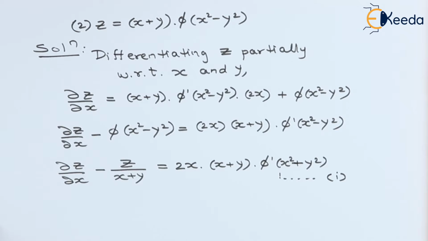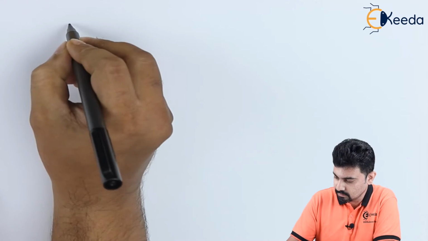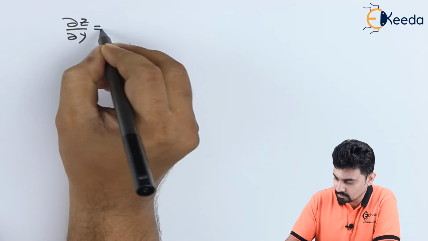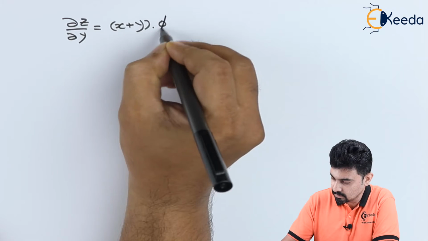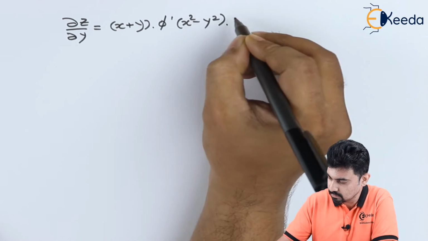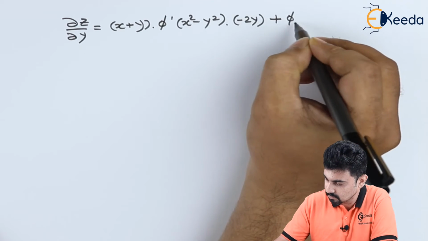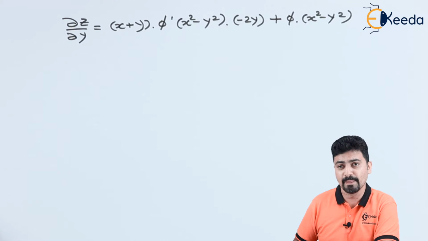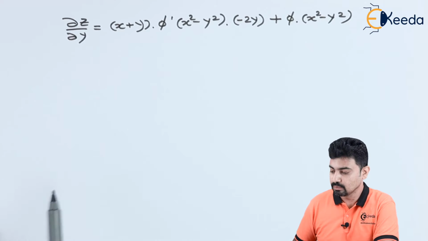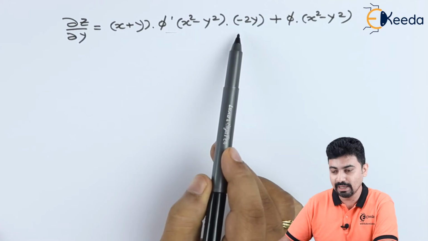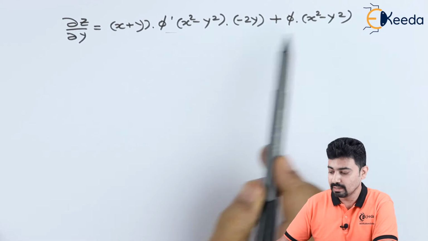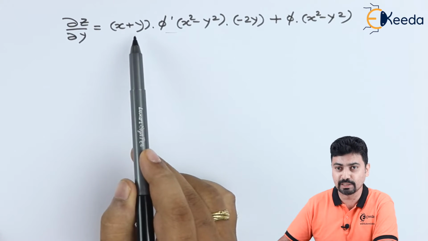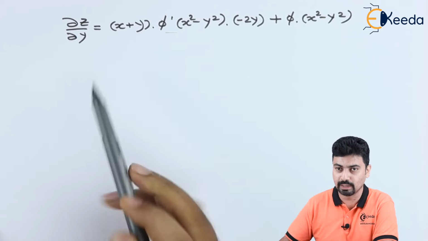Now let us differentiate z partially with respect to y. Here we have differentiated z partially with respect to y, again using the u into v rule. So we have u into derivative of v plus v into derivative of u, where derivative of x plus y partially with respect to y will be equal to 1.